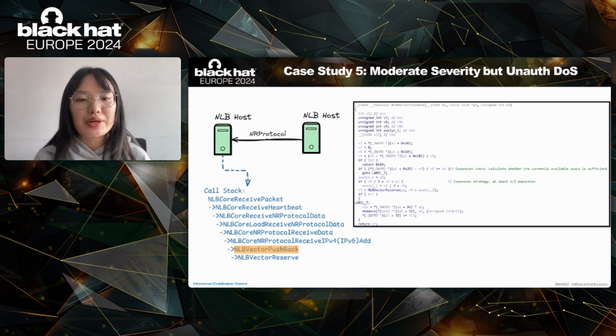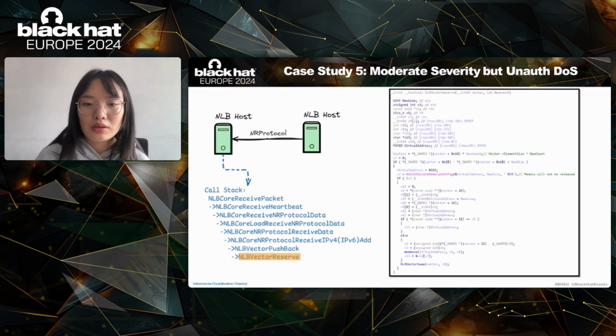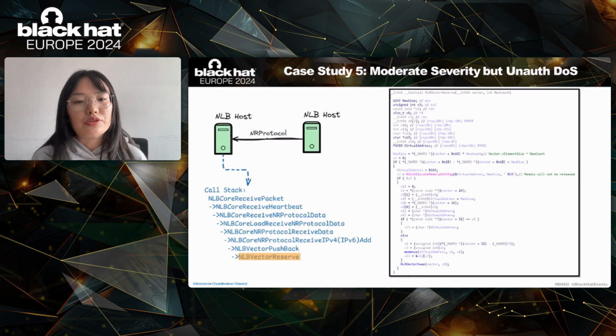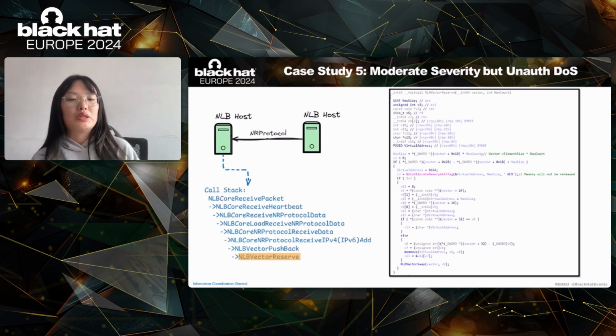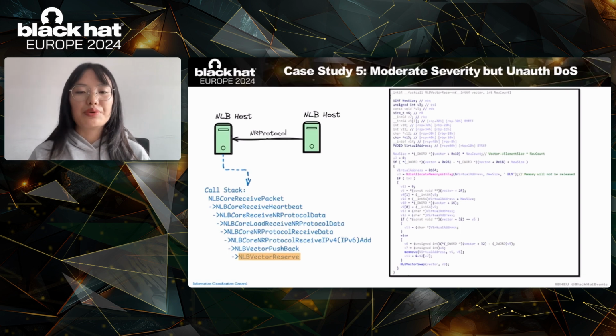This call stack showcases how NLB handles received data by dynamically expanding the vector container to store IP addresses from the packet. During its execution, it checks whether the vector has enough space for the new element or not. If not, it calls NLB vector reserve to add more space. The logic of NLB vector reserve uses NDIS allocate memory with tag to allocate non-paged memory.